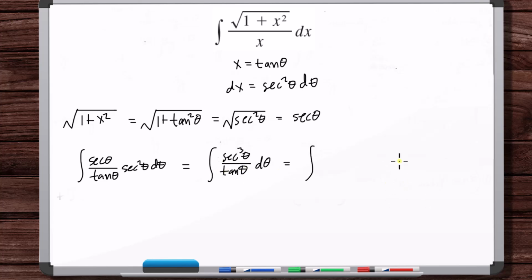So since we have just a single term in the denominator, if we had the secant cubed in the denominator, then we couldn't do this. This wouldn't work as well. But since we have the secant cubed in the numerator, we can say secant squared is 1 plus tangent squared theta, and then secant theta.